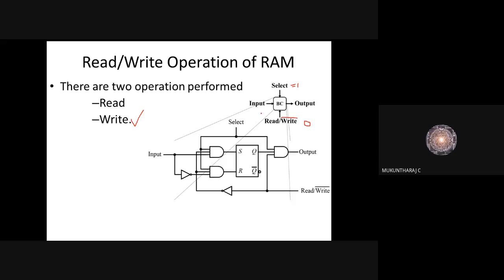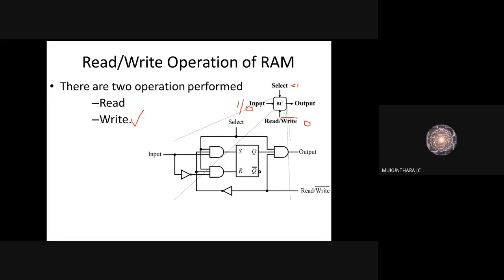So we need some information, right? So we have to give some input data, 1 or 0, which is to be stored in the binary cell, right? So select 1. So logic 1 in the select line enables the binary cell for the operation, and this 0 on this control line allows us to write the input into the binary cell.